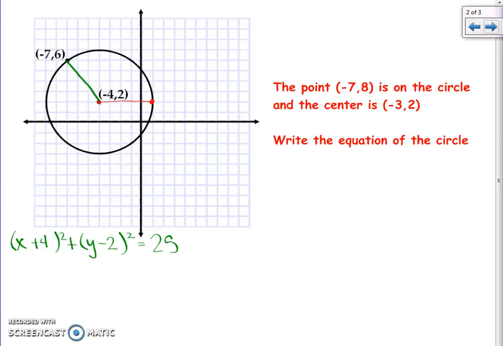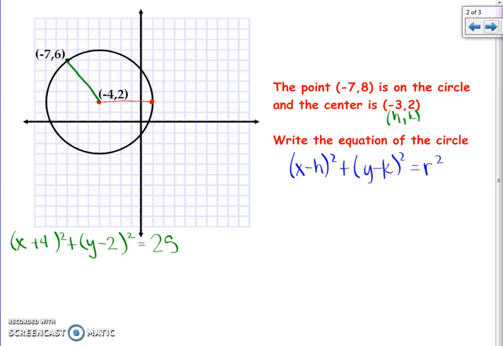Okay. A different situation where we don't have a picture to go off of, but they do give us two pieces of information. We have a point on the circle, and then we also have our center, which we talk about as being h, k. So here's our equation. x minus h squared plus y minus k squared equals r squared. Now the piece of information that we don't have is the radius.